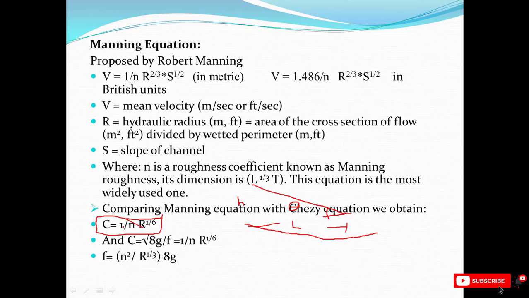So n also has a relation with f: f equals n square over R to the 1/3 times 8g. So if we have f, we can find n and C, and the opposite.